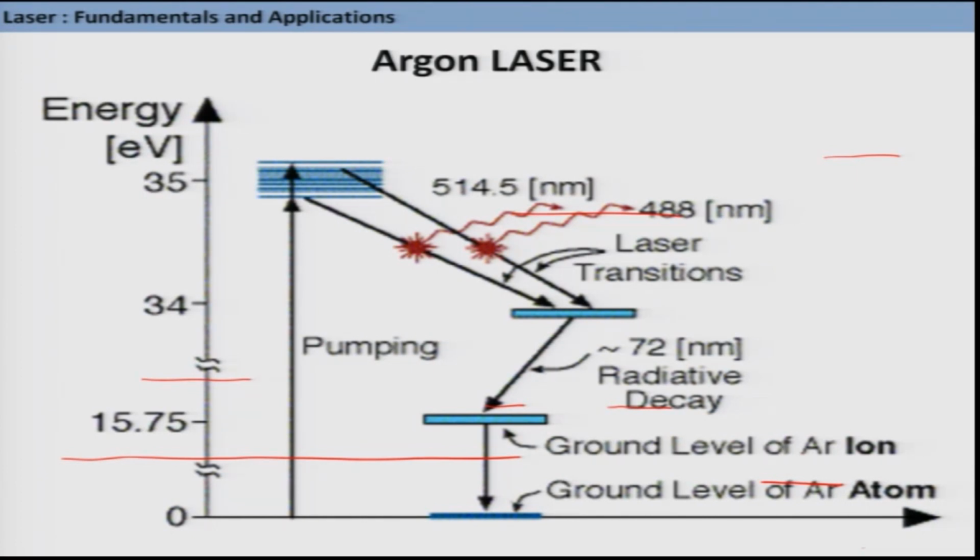So from these states it can come down to this state here, with corresponding two lines. So whether it's coming from here or here, you get different output. So you can see that I can get either 488 or 514 nanometer laser light from these two different transitions.